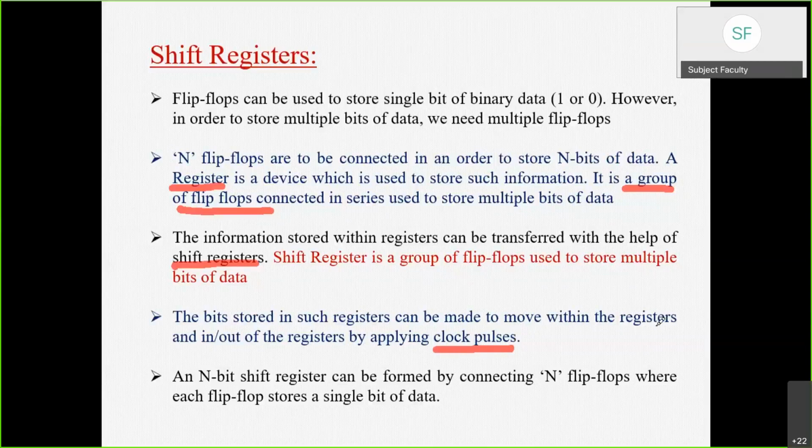Clock pulses are important. Only after you give the clock will the information be moved from one place to another. So in order to transfer the bits which you have stored in the registers, you have to apply the clock pulses to your registers.